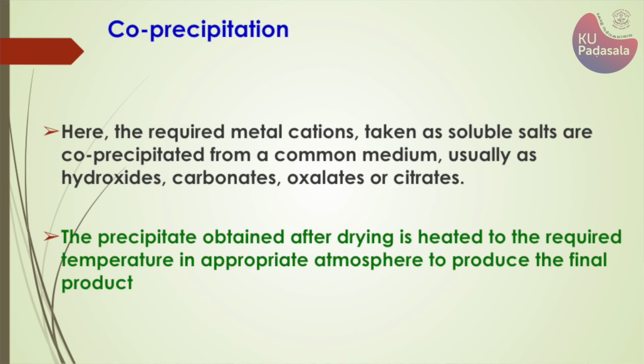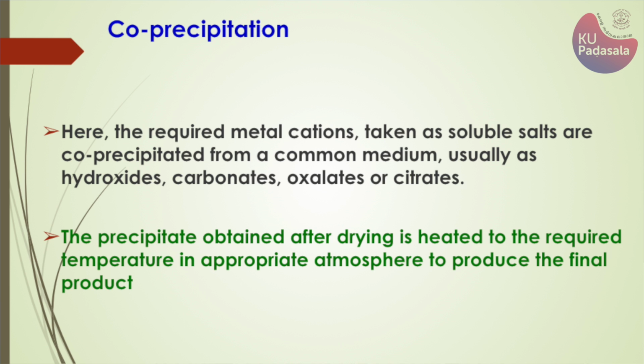Now, another method belonging to the bottom-up approach is nothing but the co-precipitation method. Here, the required metal cations taken as soluble salts are co-precipitated. Co-precipitated means precipitating together from a common medium, usually as hydroxides, carbonates, oxalates, or as their citrates.